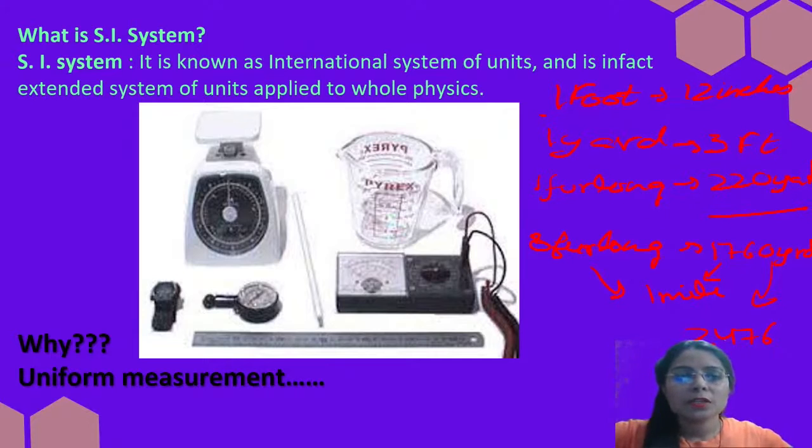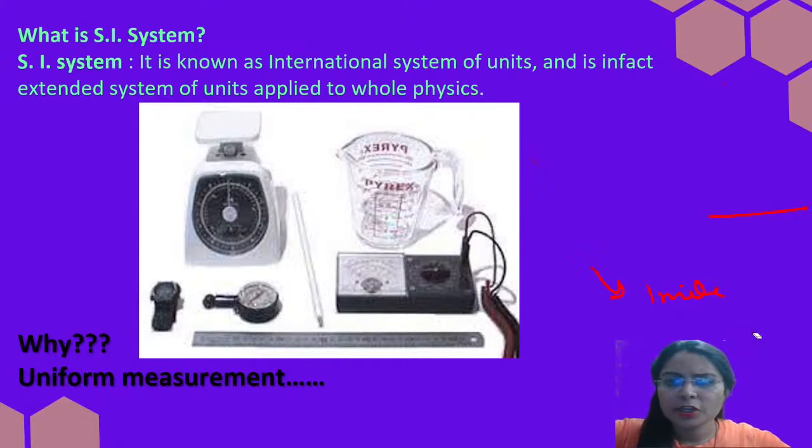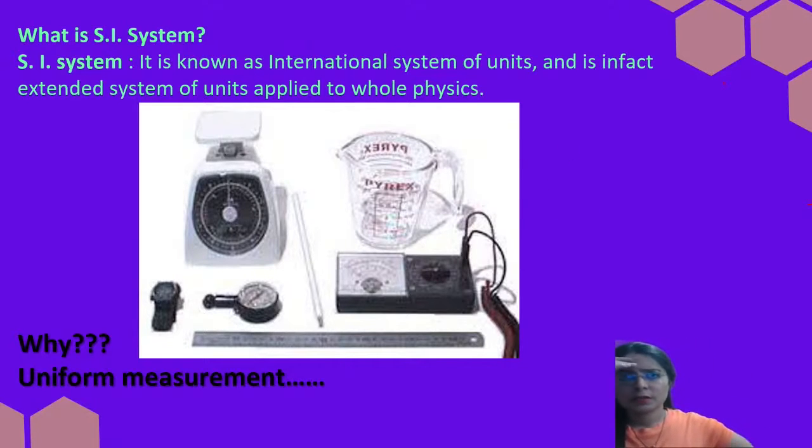So in those systems, we need an ease of calculation that is comfortable for us. For those reasons we use the MKS system, or I can say the SI system. There are a few advantages that I haven't mentioned, except the one, that is uniform measurement. Firstly, let me tell you what the SI system is.